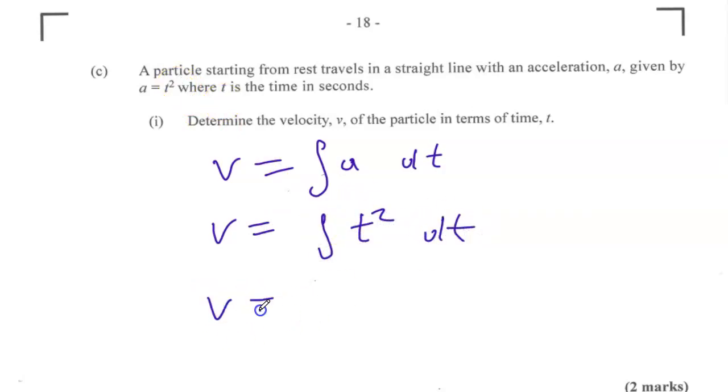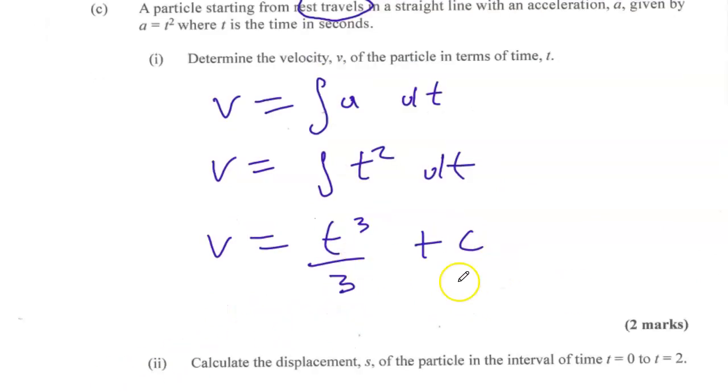So the velocity is t cubed, add 1 to the power, divided by 3 plus a constant. Now remember, the particle starts from rest. So when t is 0, the velocity is 0.